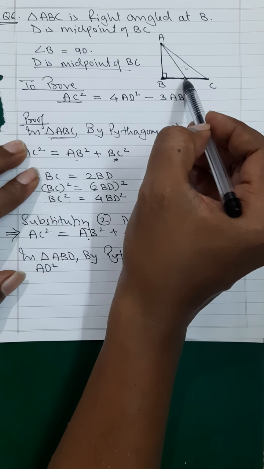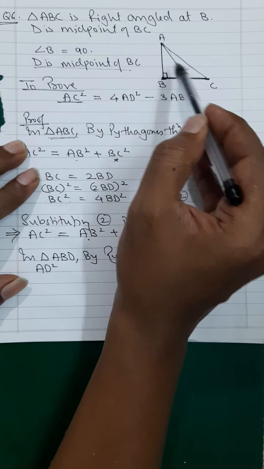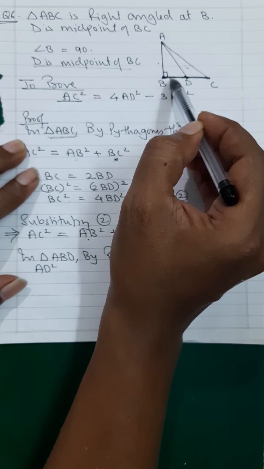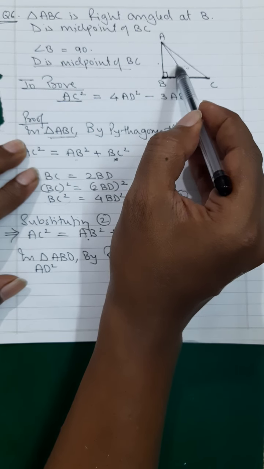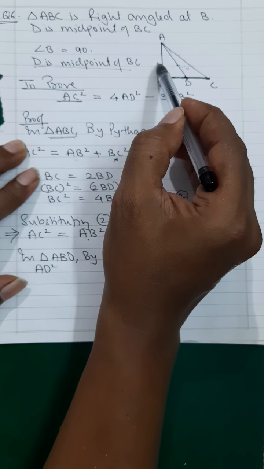By now you should understand, hypotenuse square is equal to side 1 square plus side 2 square. I can directly find BD square. BD square will be equal to hypotenuse square minus side 1 square.